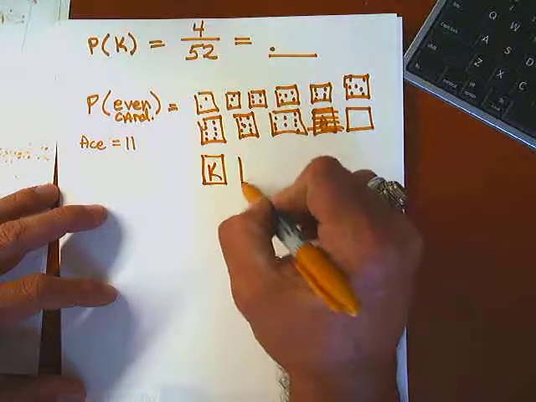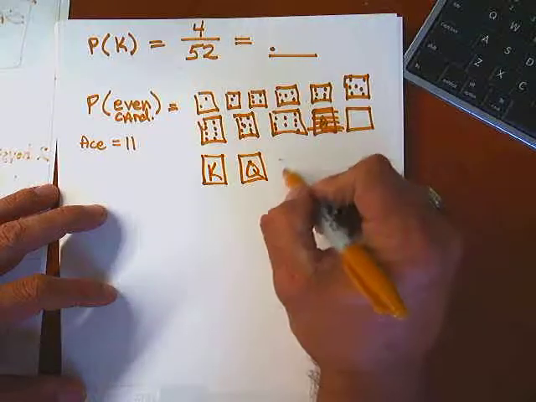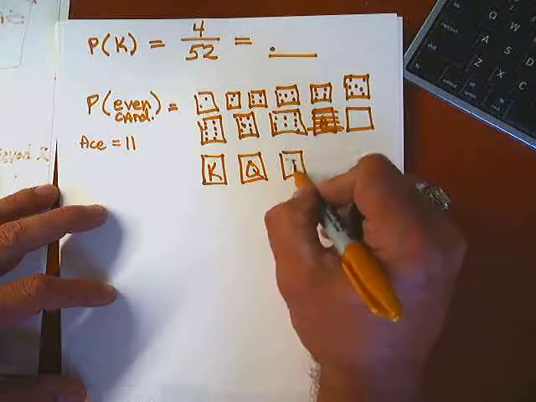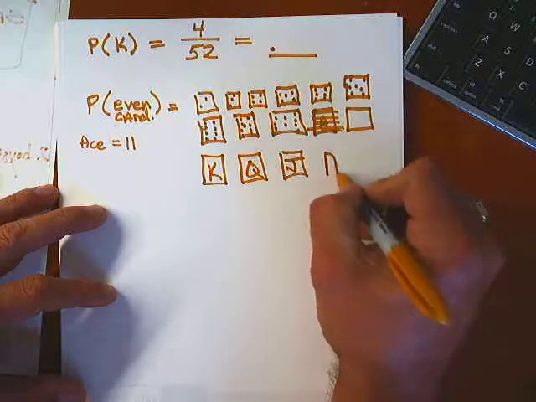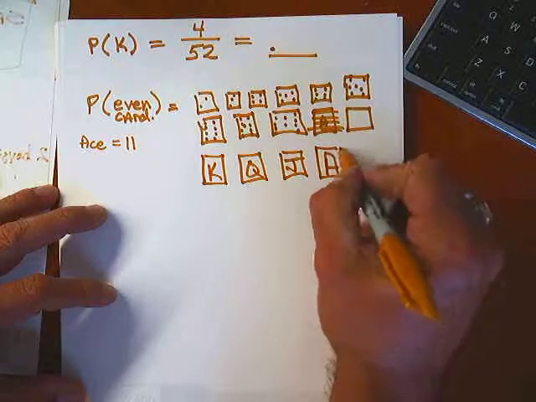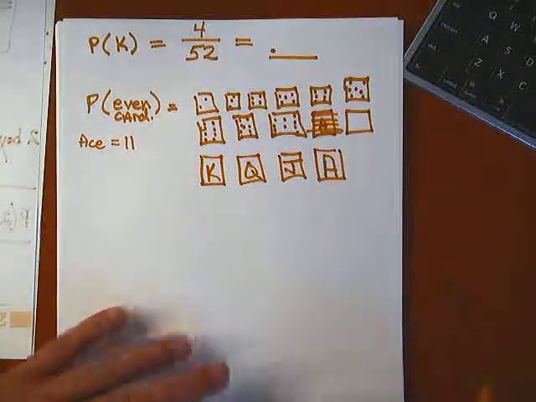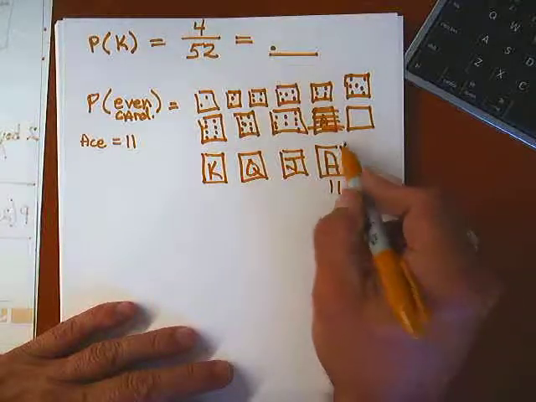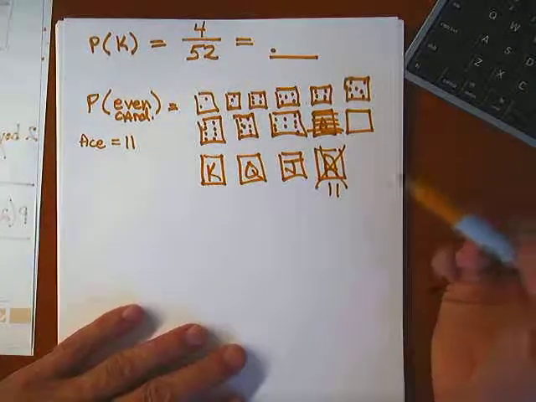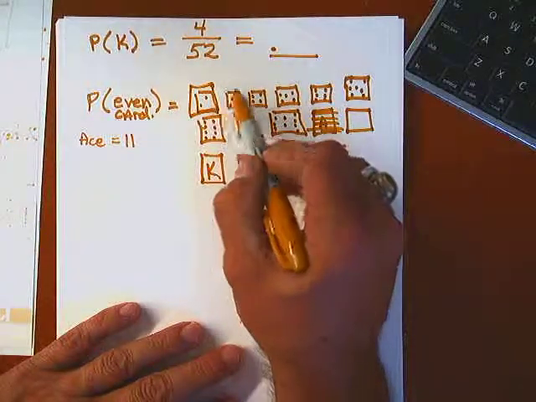Got our ace. Oh, sorry. Let's see. Got our king, queen, jack, and ace.